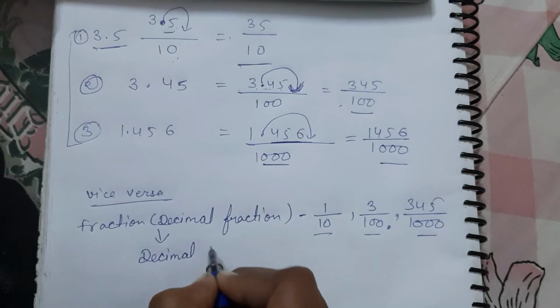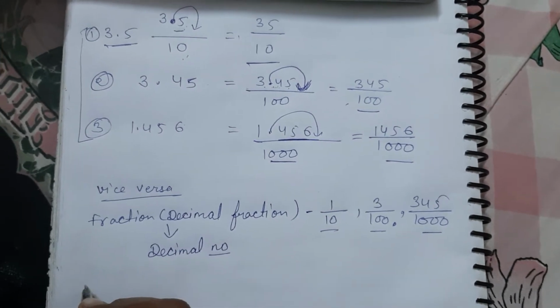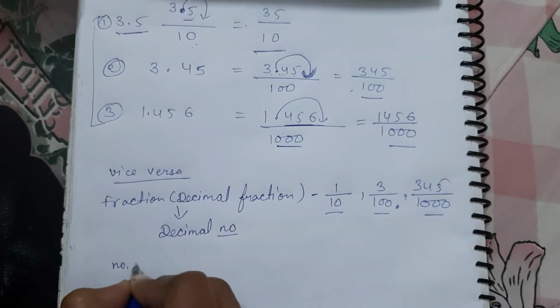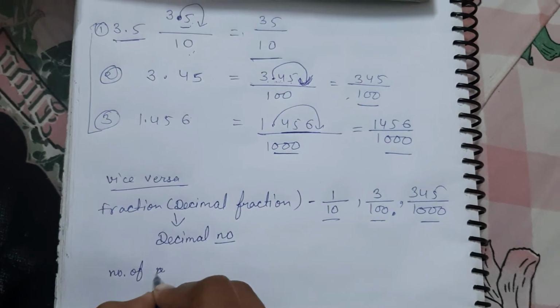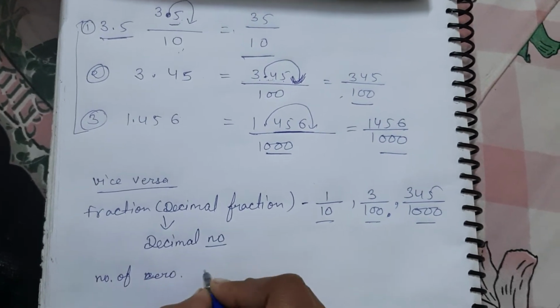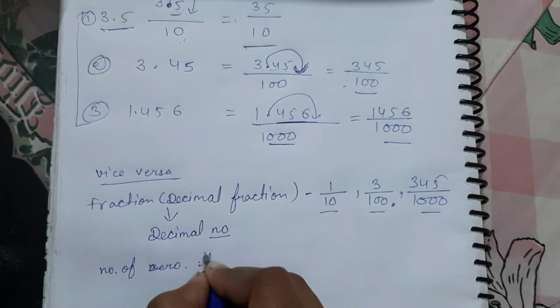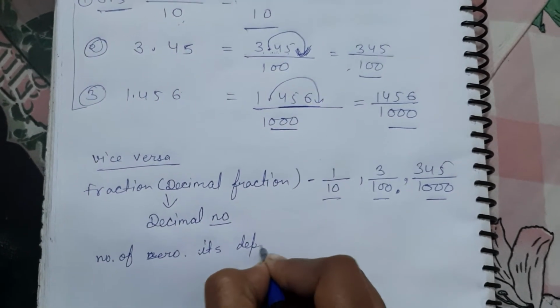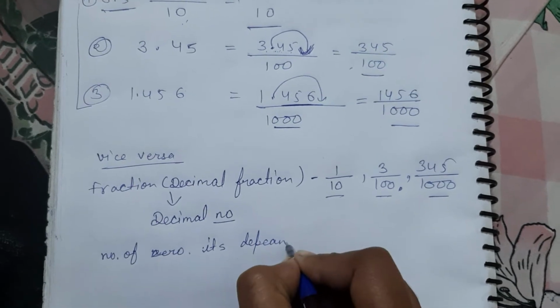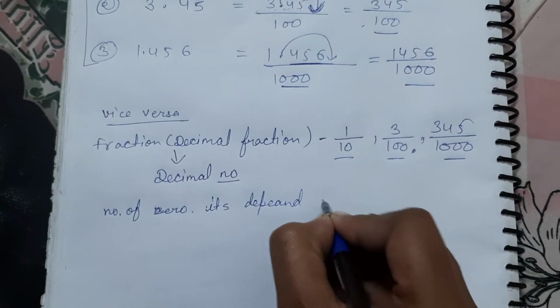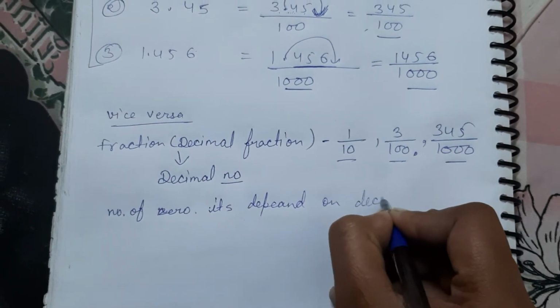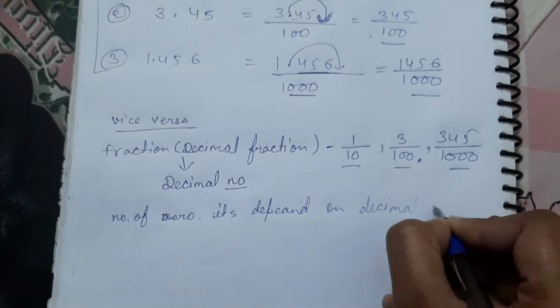Okay, and how is it possible? Same the process. Remember always, number of zeros in denominator depends on decimal number.